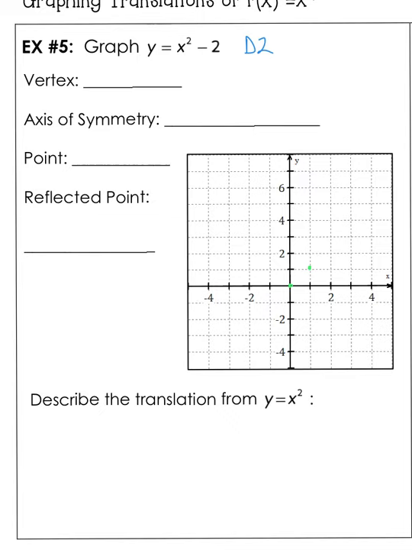So 1 squared is 1, 2 squared is 4, -1 squared is 1, -2 squared is 4. And essentially I'm going to move each of the parent function's ordered pairs down 2. And that's it.